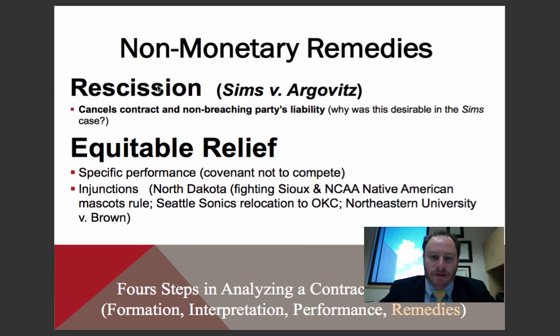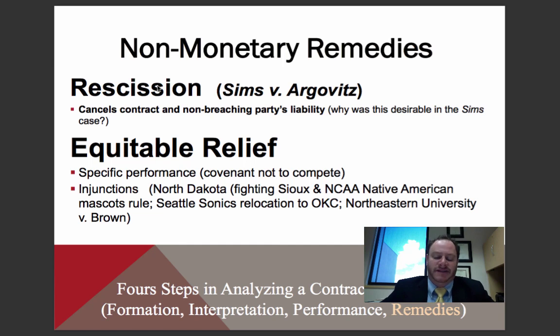Traditionally a court could only grant money damages, and so there would be a separate court of equity or chancery that would grant non-monetary relief. But today, the courts are able to grant both money damages and equitable relief. So rescission cancels the contract and restores the parties to where they were before the contract was actually executed.